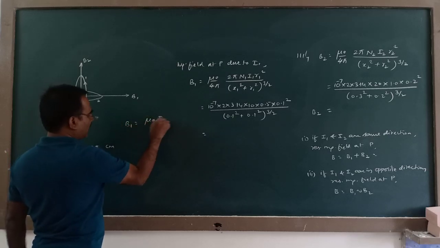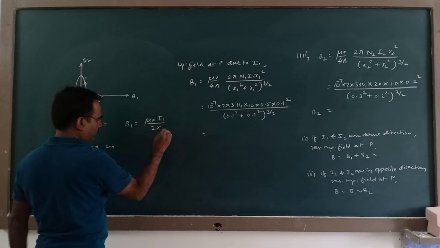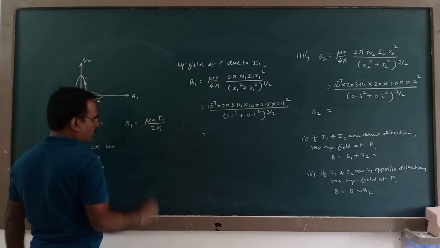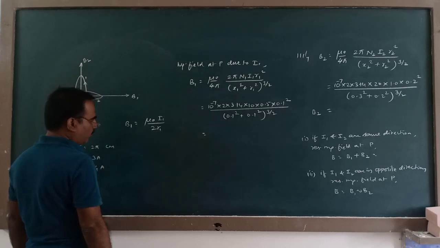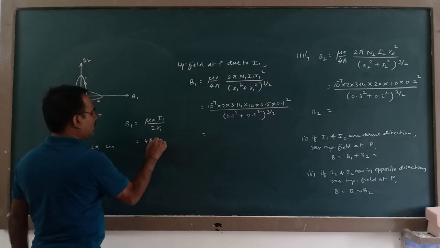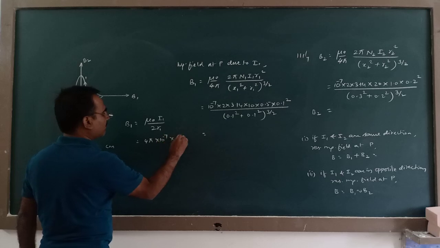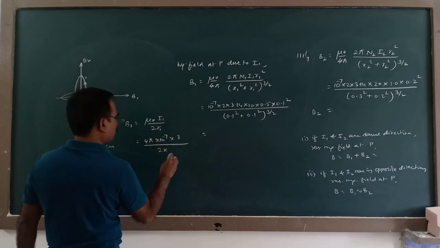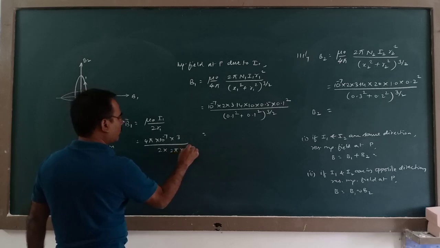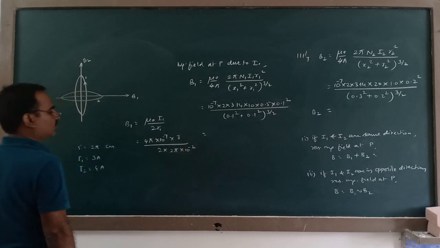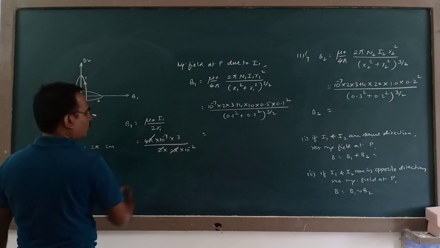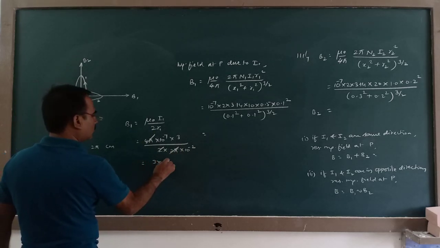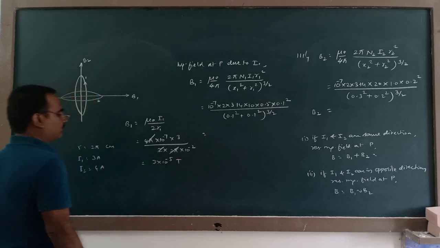The formula is mu naught I divided by 2R. So it means mu naught I1 by 2R1. That is 4 pi into 10 to the power of minus 7, 3 divided by 2 into 2 pi into 10 to the power of minus 2. So this 4 pi cancels. So it is 3 into 10 to the power of minus 5 Tesla.